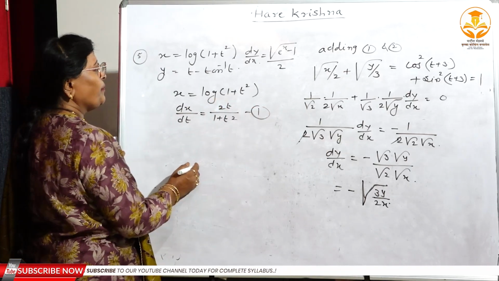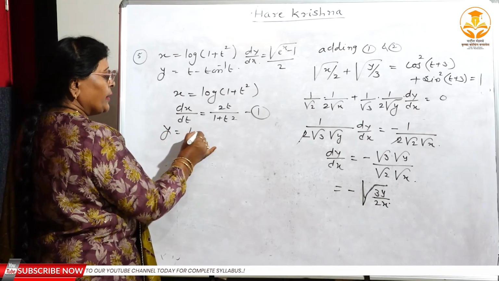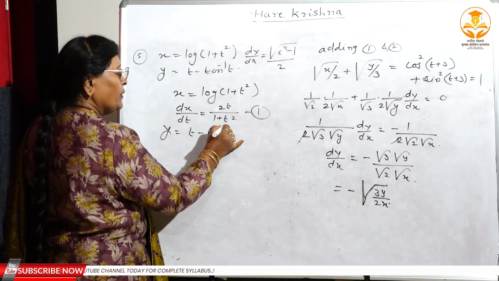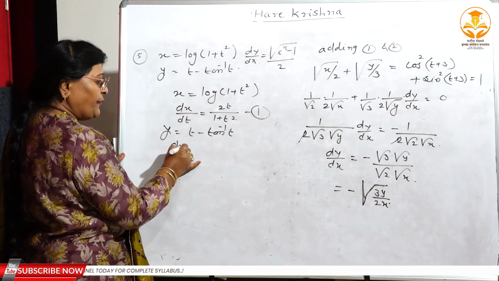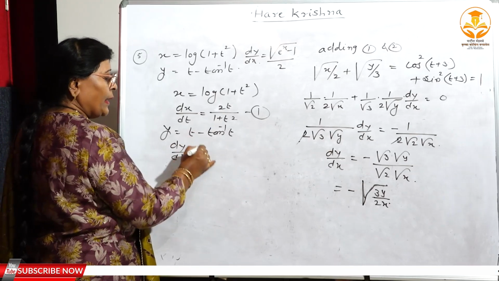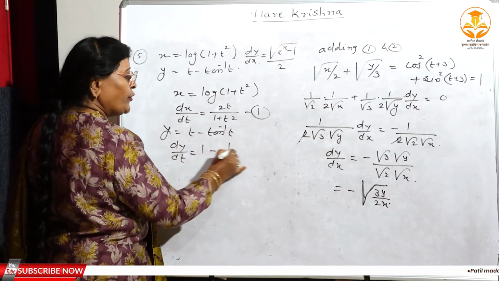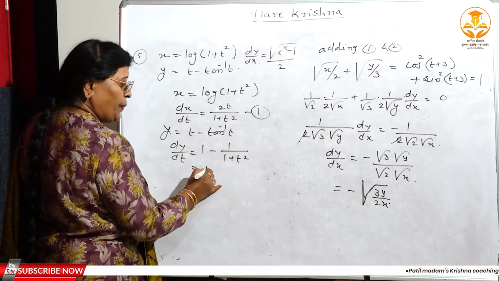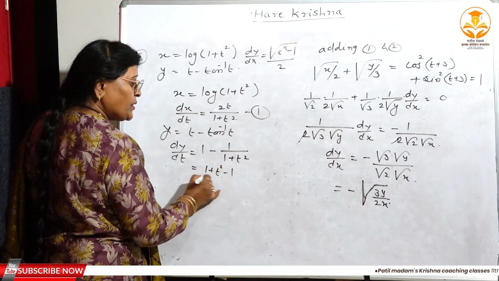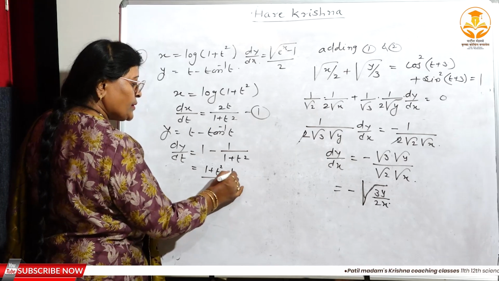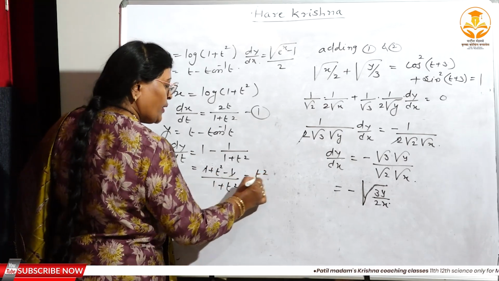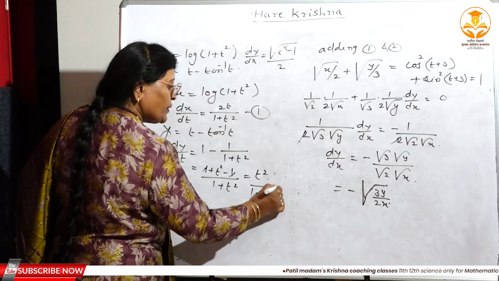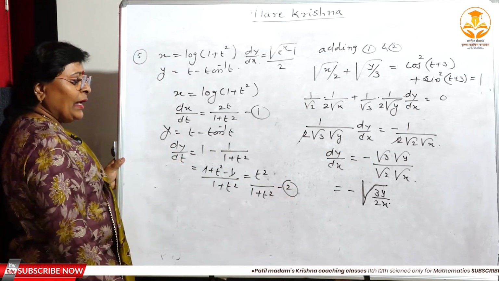This is number 1. Again y is equal to t minus tan inverse of t. y is a function of t, differentiate with respect to t. The derivative of t is 1 and the derivative of tan inverse t is 1 upon 1 plus t square. Cross multiplication, 1 plus t square minus 1 divided by 1 plus t square. Gets cancelled, t square divided by 1 plus t square. This is number 2, isn't it?